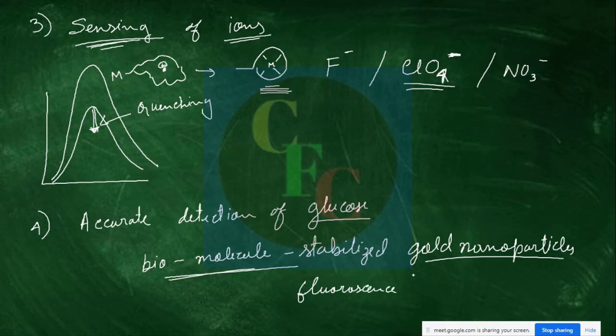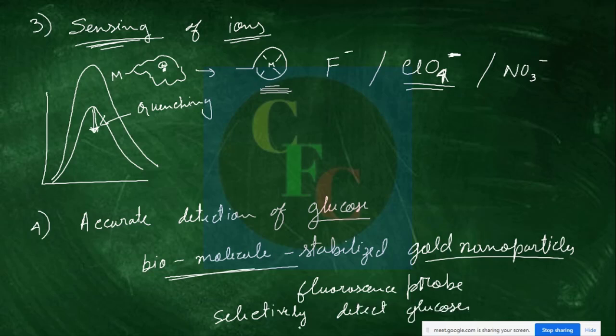a fluorescence probe for sensitive and selective detection of glucose. So they can selectively detect, and this is important. Why is this important? Because if this gold nanoparticle changes its fluorescence properties with some other chemicals also, then it is not usable.